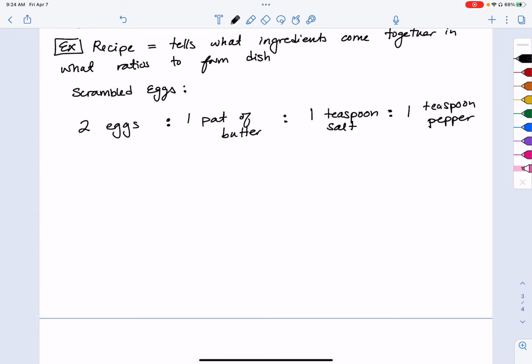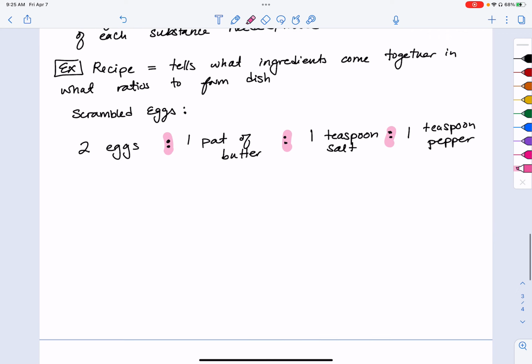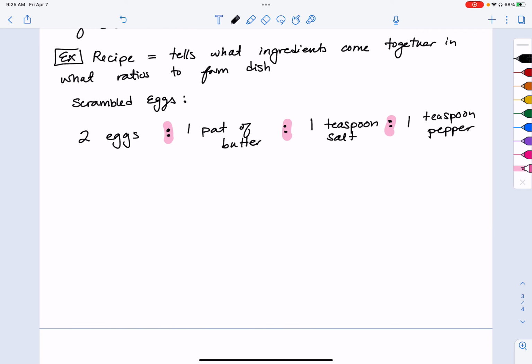You would see this and say, okay, I need to have 2 eggs, this amount of butter, this amount of salt, this amount of pepper, and when I put these together in this proportion or in this ratio, then I will be able to form my product, which is scrambled eggs.